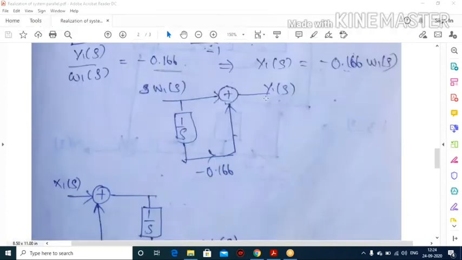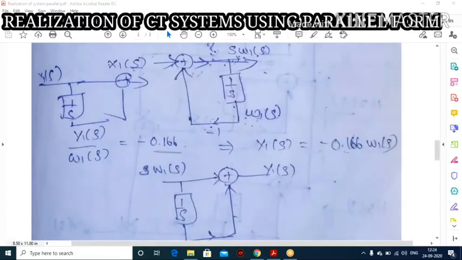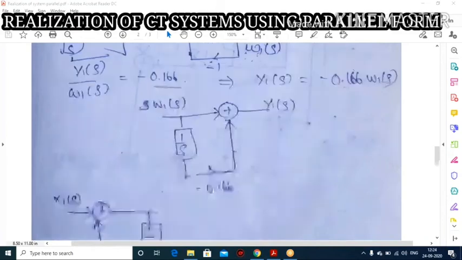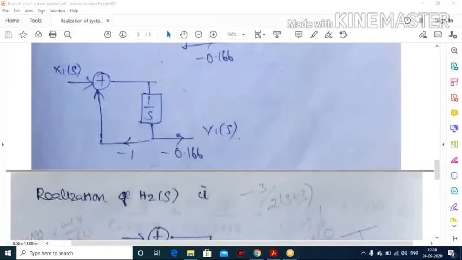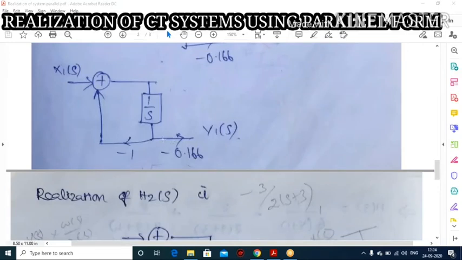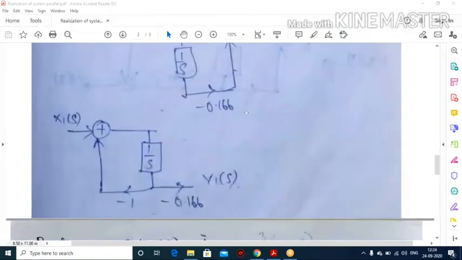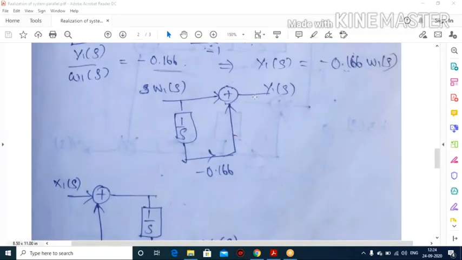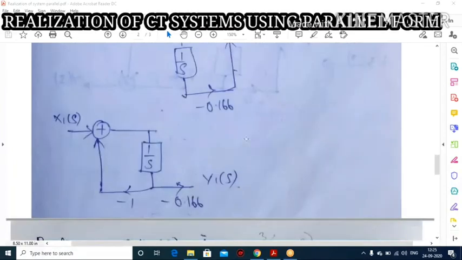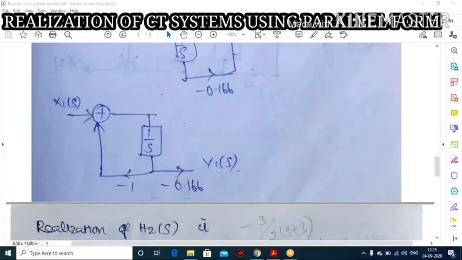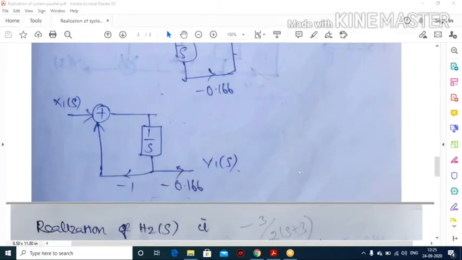On the left hand side, from right to left, the multiplier is minus 1, and on the right hand side we have minus 0.166. So I put minus 1 here and minus 0.166 here. These are joined at this adder block. There is no need to connect anything further, because this block directly gives Y1 of s only. So I take down Y1 of s.